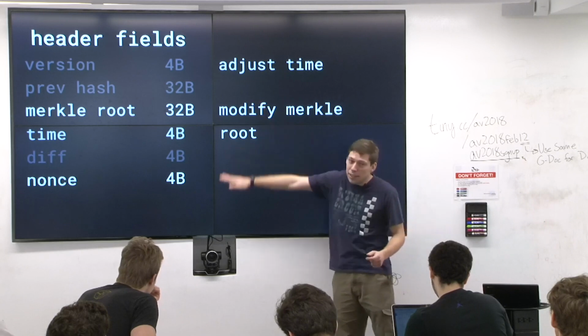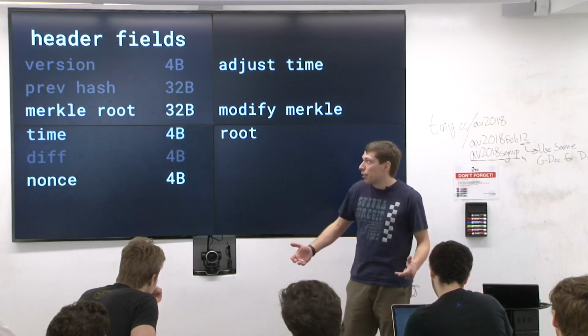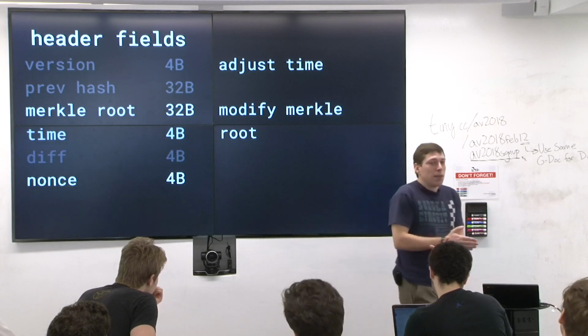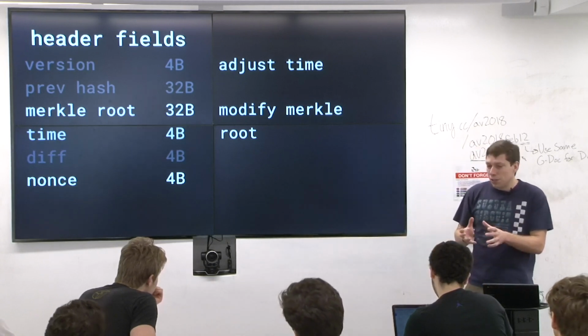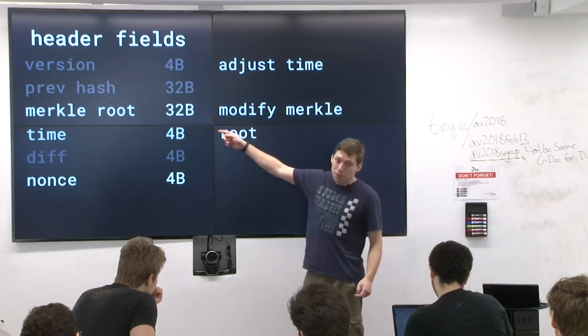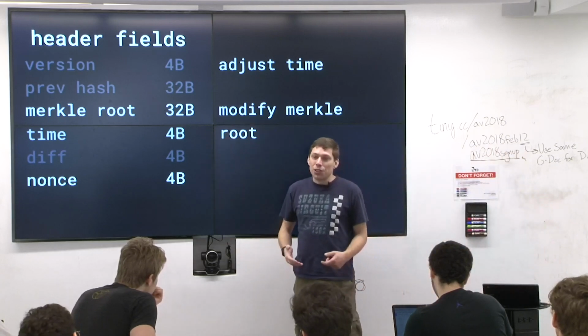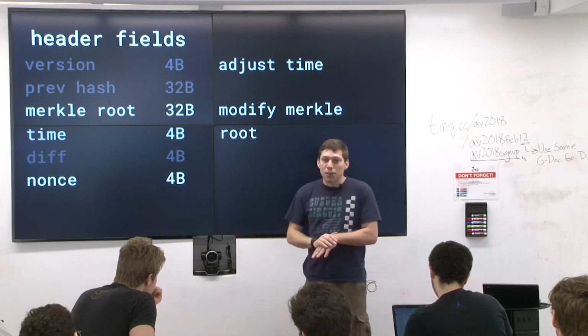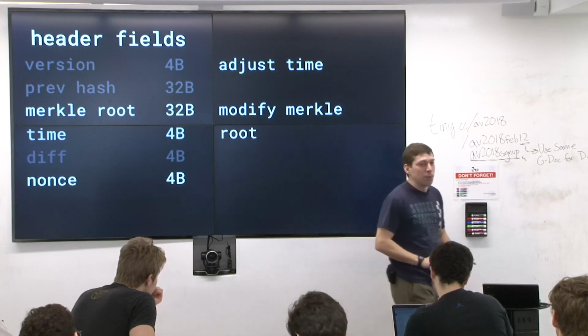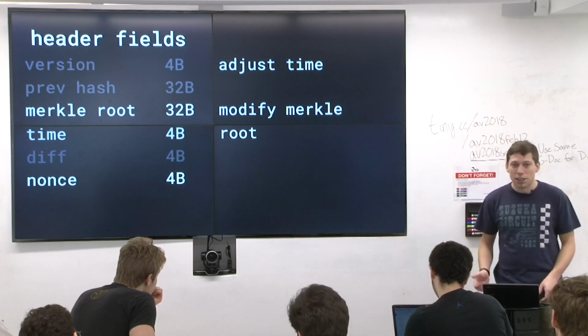You see this 80-byte header, and you're like, oh, someone found a block. But you only have the header, and you want to build on top of it. Because you have a bunch of transactions you'd like to put in, but they may have already been put into the previous one. And so you're like, well, I have no idea what's in the previous one. I'm just going to mine a block with nothing in it. That way I'm sure that I'm not going to conflict with my previous one.